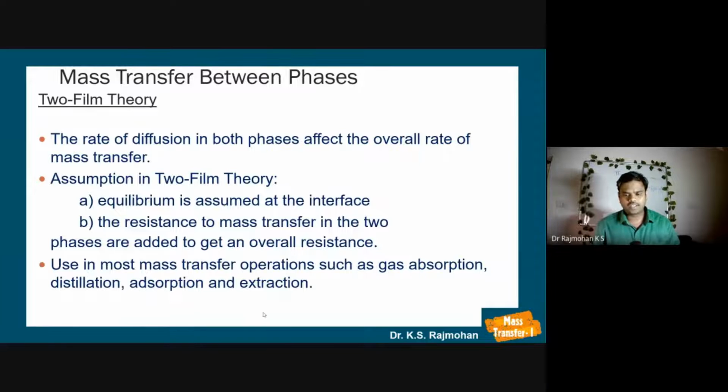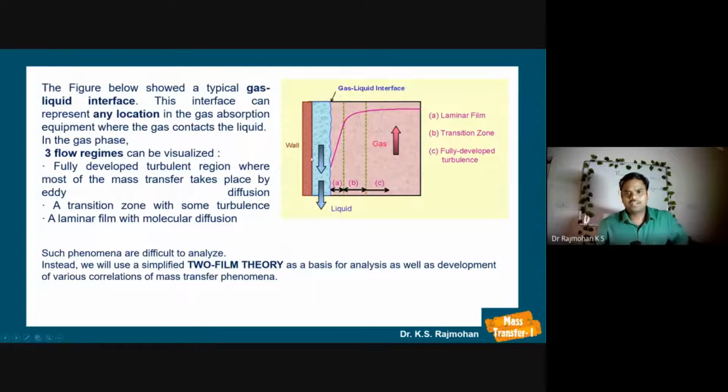If you look at the case of gas absorption, what is gas absorption? From a gas phase, a solute A diffuses into the liquid phase. There exists an interface. In a column where absorption is taking place, we have a wall and a gas liquid interface, and we can assume three zones: a laminar film, a transition zone, and fully developed turbulence.